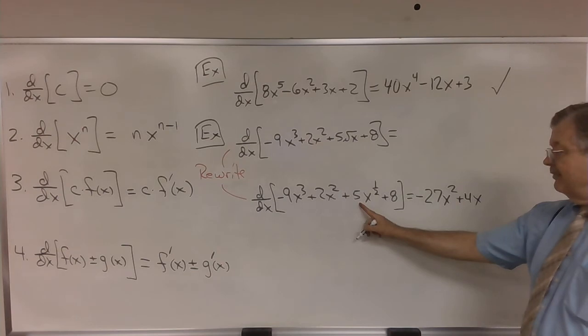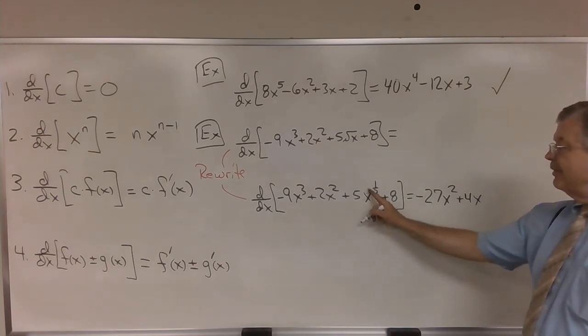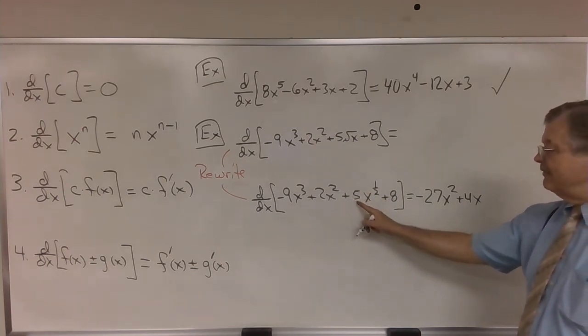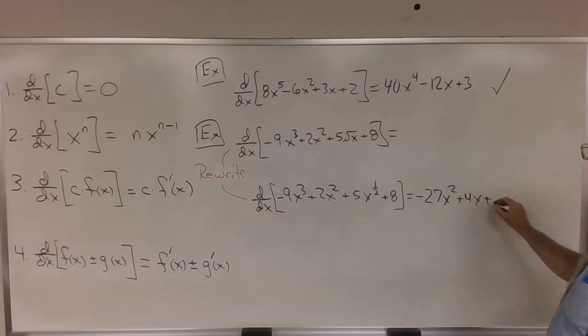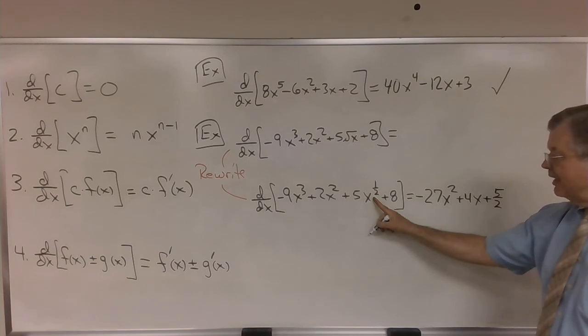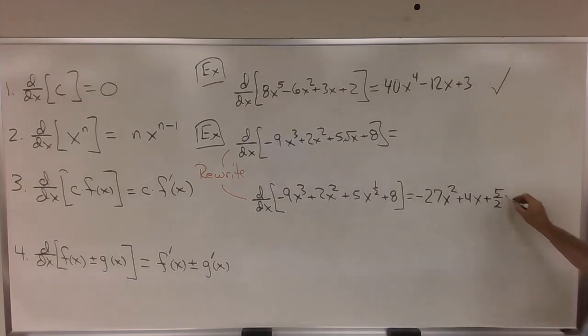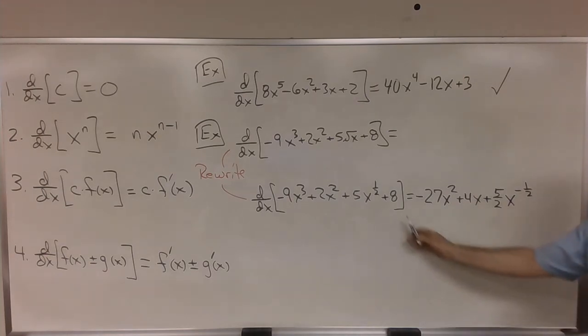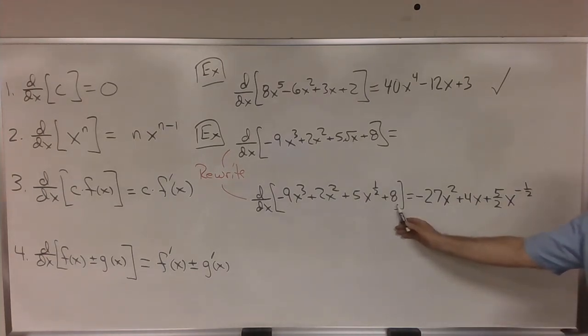Move on to the next term. Bring the exponent down front. We have 1/2 times 5, so that's 5/2. Subtract 1 from the exponent. That's x to the negative 1/2. Move on to the next term.